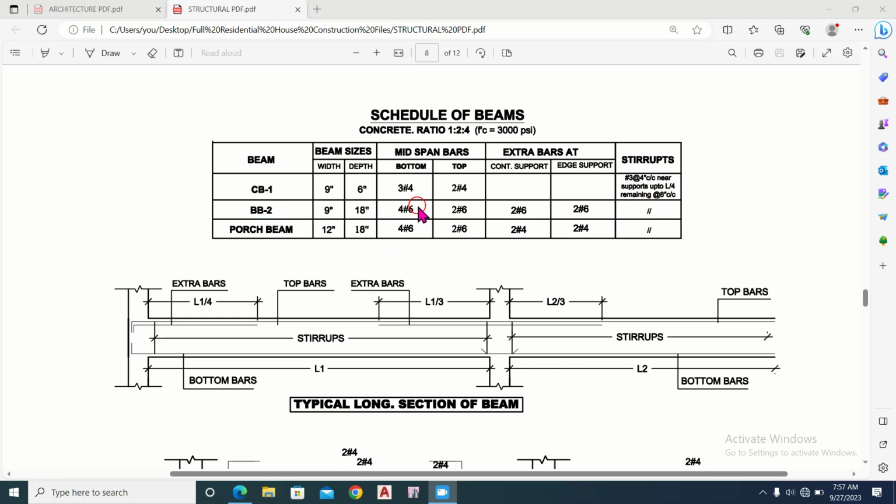And this shows the detail of the beam B2. The width of the beam B2 is 9 inches and its depth is 18 inches, and the reinforcement at the bottom, this is the mid span bar.